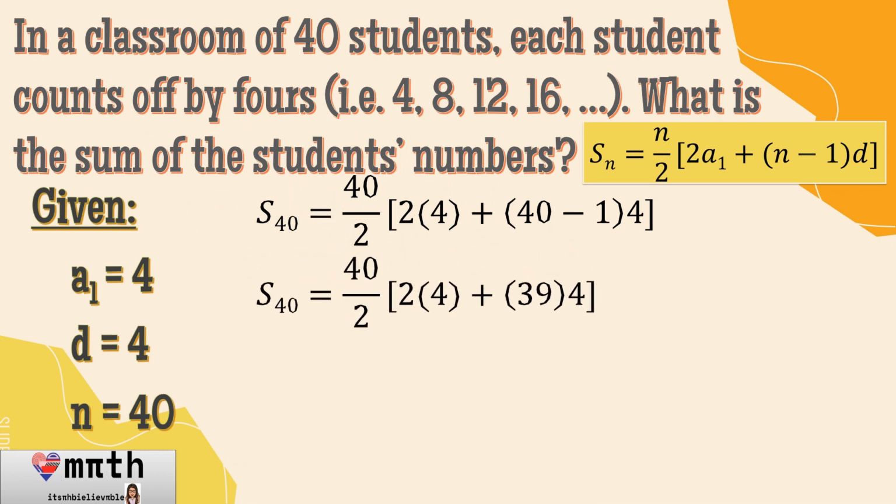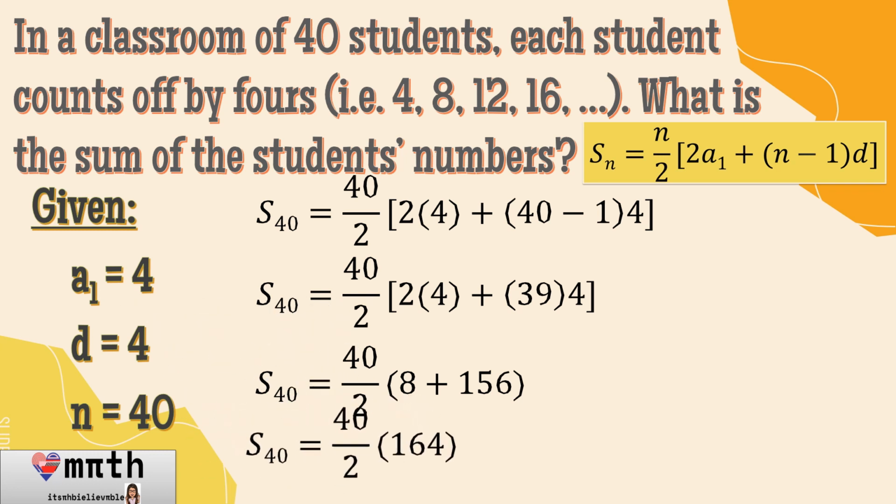Then, in this case, we should multiply 2 times 4 and 39 times 4, which is equal to 8 and 156 respectively. 8 coming from 2 times 4 and 156 coming from 39 times 4. So, simplifying 8 plus 156, that would be 164.